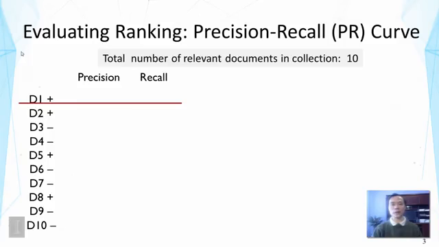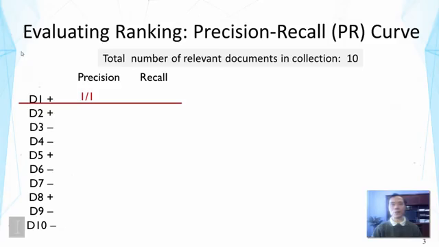So let's look at these positions. Look at this slide, and let's look at what if the user stops at the first document? What's the precision and recall at this point? What do you think? Well, it's easy to see that this document is relevant, so the precision is 1 out of 1. We have got one document and that's relevant. What about the recall?